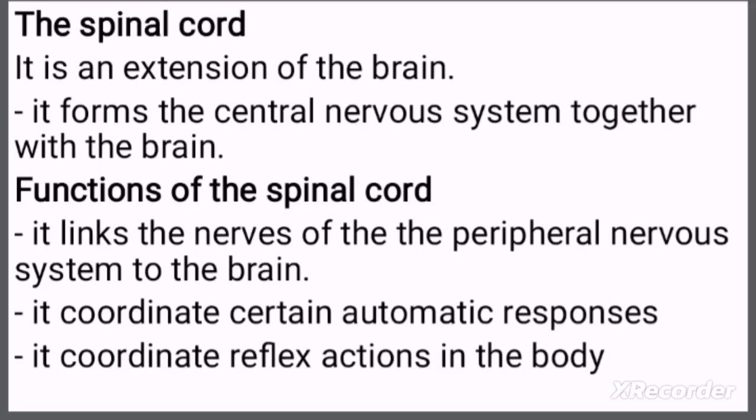What is the peripheral nervous system? This is a branch of the nervous system that consists of the spinal cord and other nerves. It is a branch because it only supports the brain. It also coordinates certain automatic responses, and it coordinates reflex actions in the body.